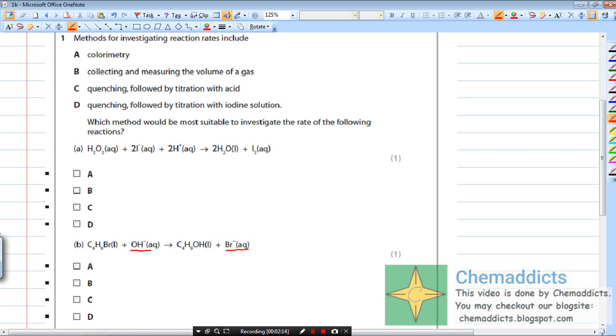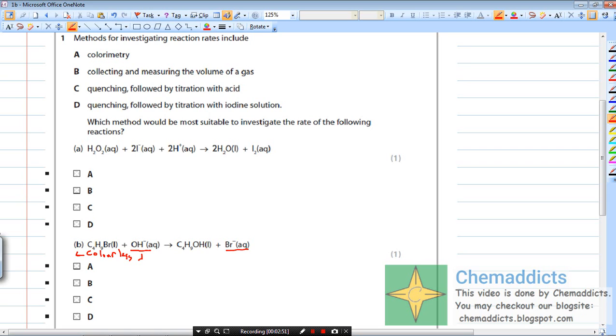Let's see whether colorimetry is suitable. As you can see, this is a bromoalkane, and bromoalkanes are colorless. Both the bromoalkane and the hydroxide are colorless solutions, so the reactants are colorless.